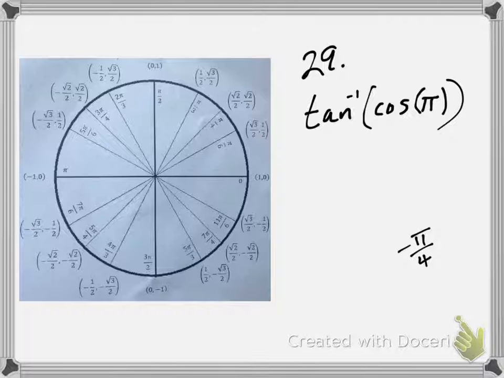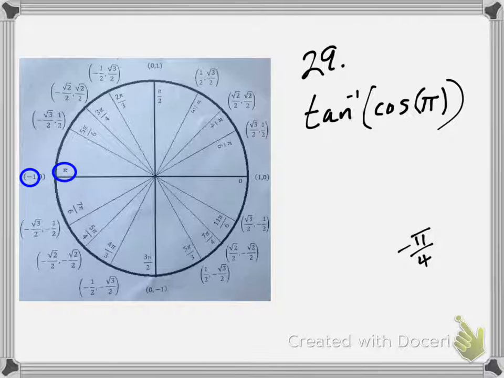It says, what is the measure of the angle, the tangent angle, where the cosine value is pi. So we're going to go to pi, and we're looking for the cosine value. See, I'm way over here at pi, and then I'm looking at the cosine value, which is x. I see that it is -1, which means I'm going to have to go, where is my tangent value -1?